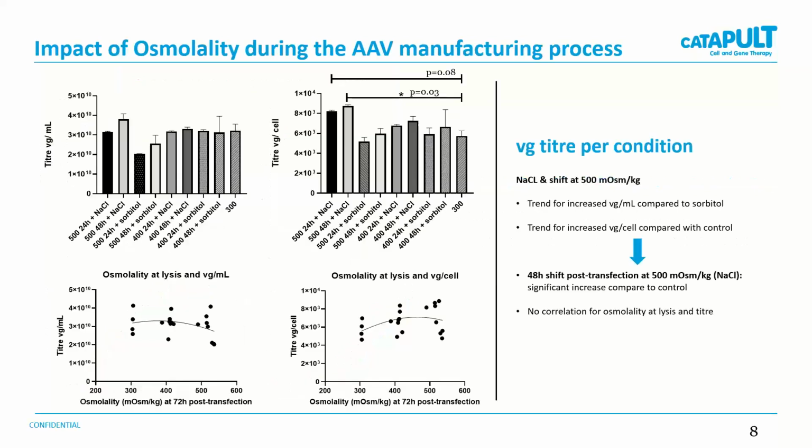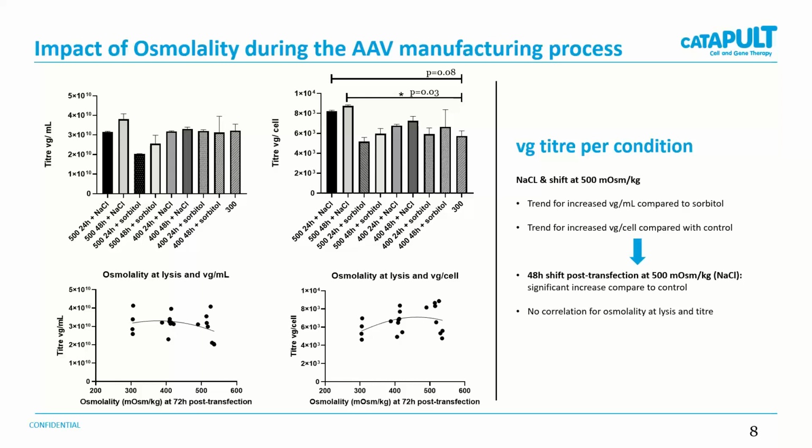So now I can show you some results about the titer, which will be of interest for most of you. What you can see on this slide is the titer on the left for all the conditions. On the right, you can see the specific titer for all the conditions again.